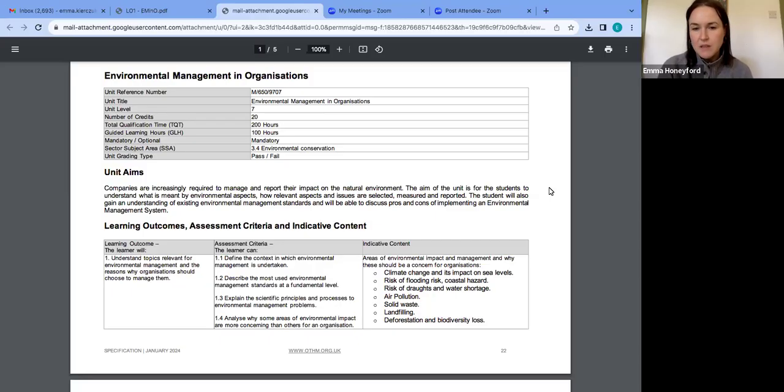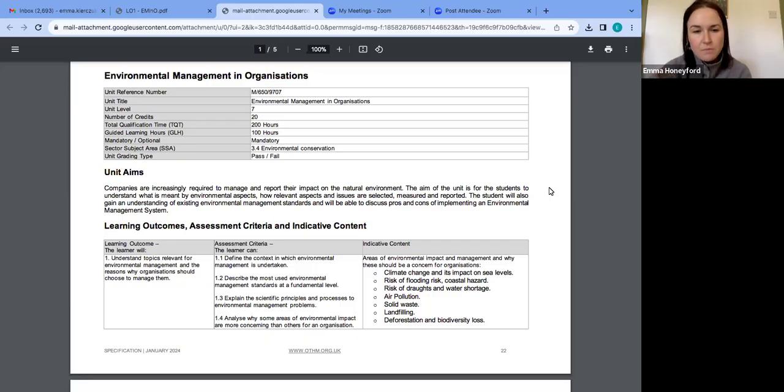The impacts will be different, so it's really important to understand that it is unique for each and every organisation. Then 1.2: you need to be able to describe the most used environmental management standards. What are the most common standards that are in place at the moment in different organisations?